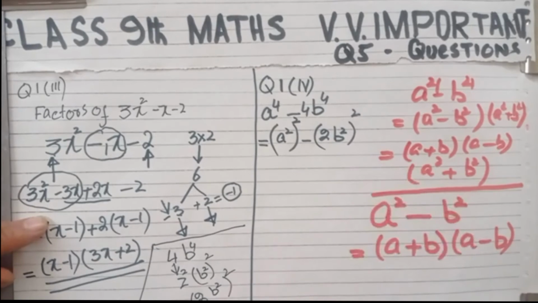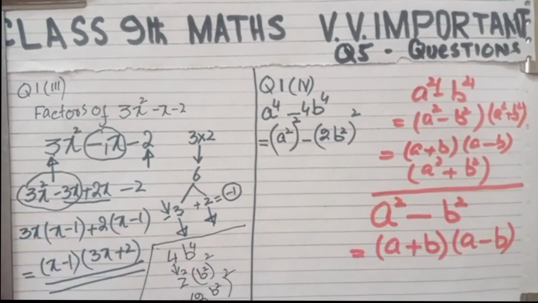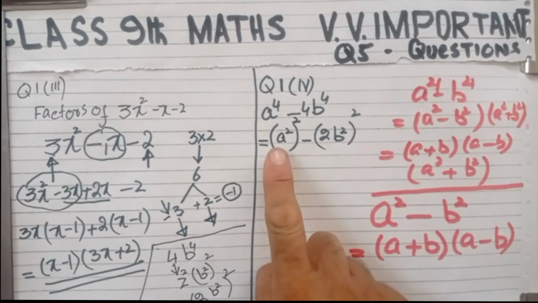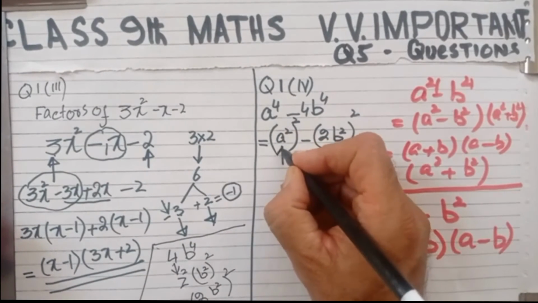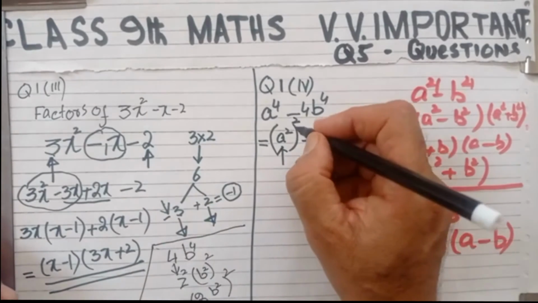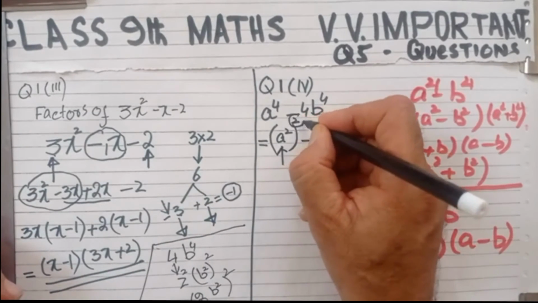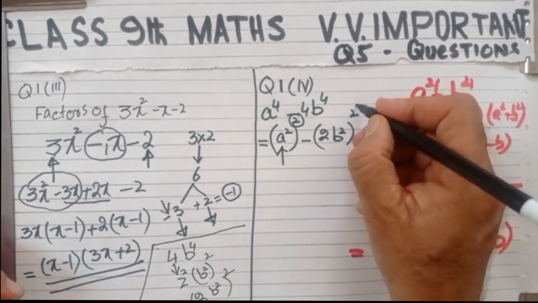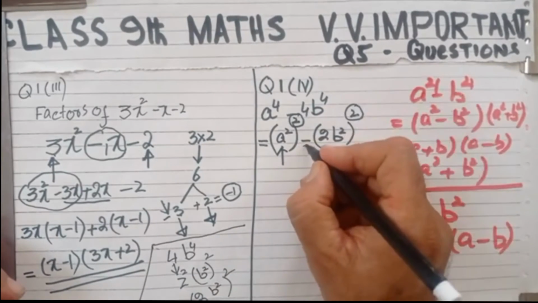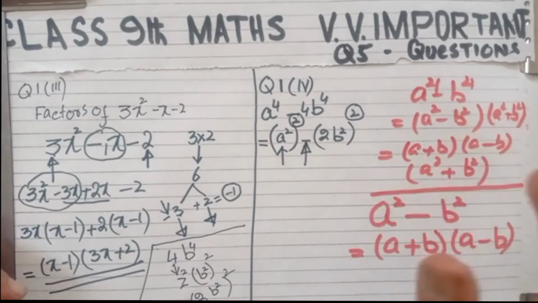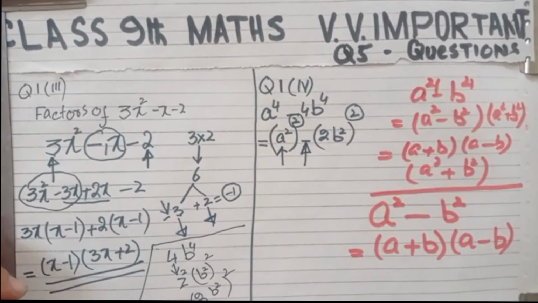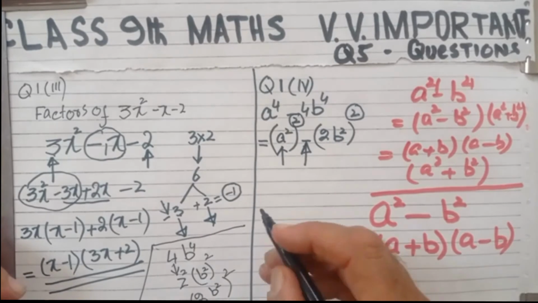So further it will be, now this is a square, forget about whatsoever is written over here. You are required that there should be square over here, there should be square over here, and there should be minus over here. So you will write once with plus and second with minus.